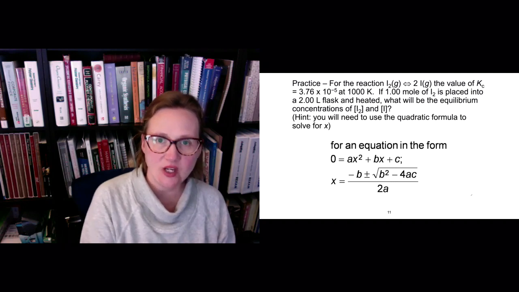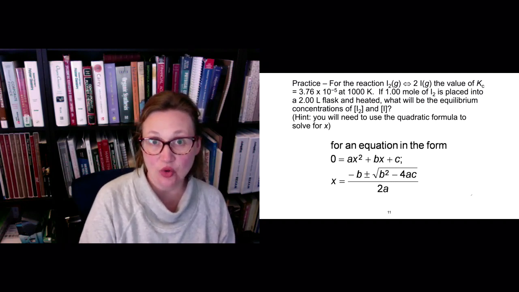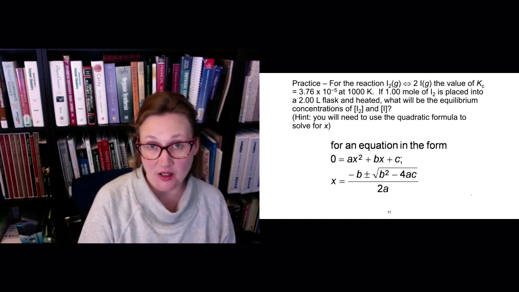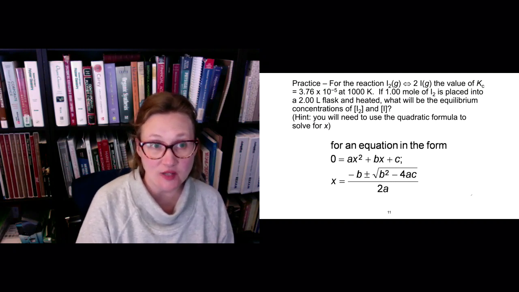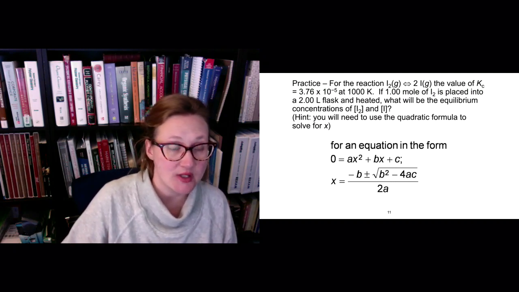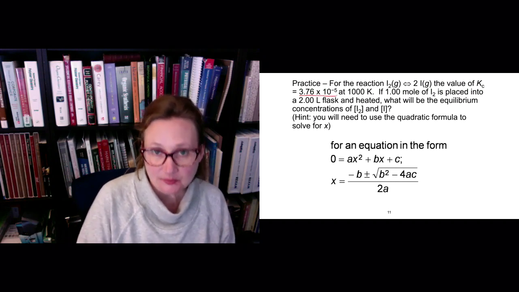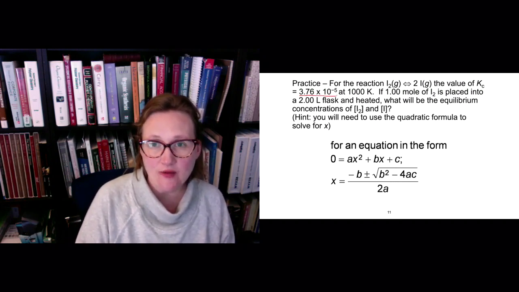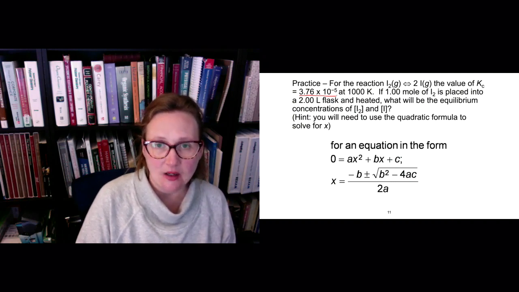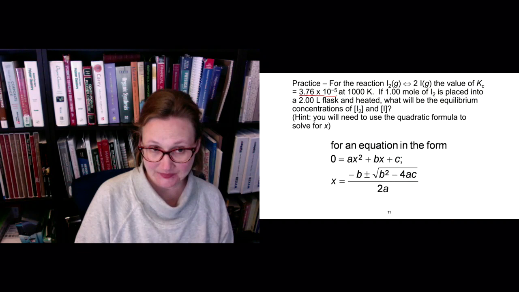We're given this reaction of iodine forming two iodine atoms, and the value of Kc is given as 3.76 times 10 to the minus 5 at 1,000 K. If we have 1 mole of iodine placed in a 2-liter flask and heated, what will be the equilibrium concentration of iodine and iodine atom?